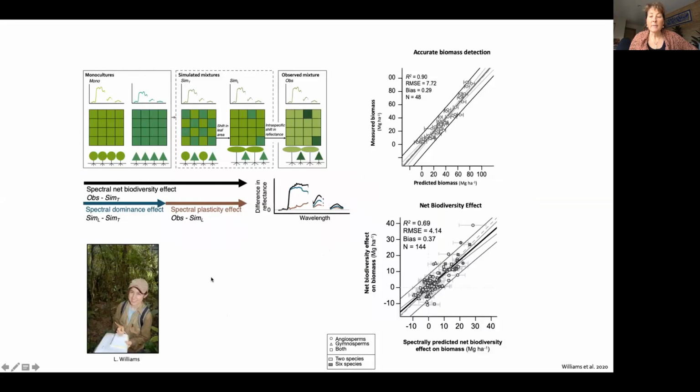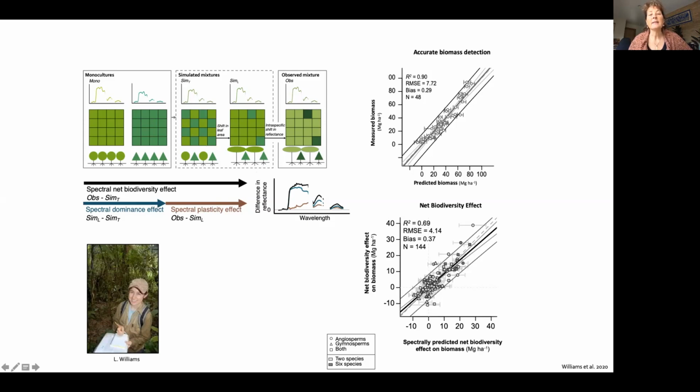There were a series of monocultures that could be used, and the spectra from those monocultures could be used to simulate mixtures based on either the actual abundance, the way they were planted, or the way the canopies actually presented themselves at the top of the canopy, and how the airborne imagery was looking at them.